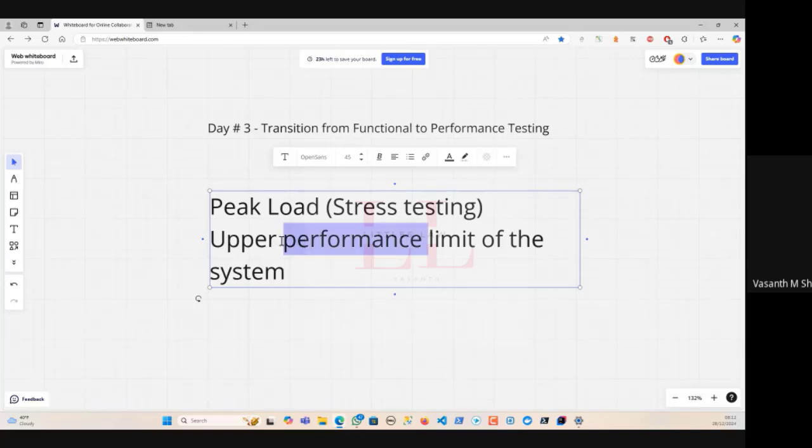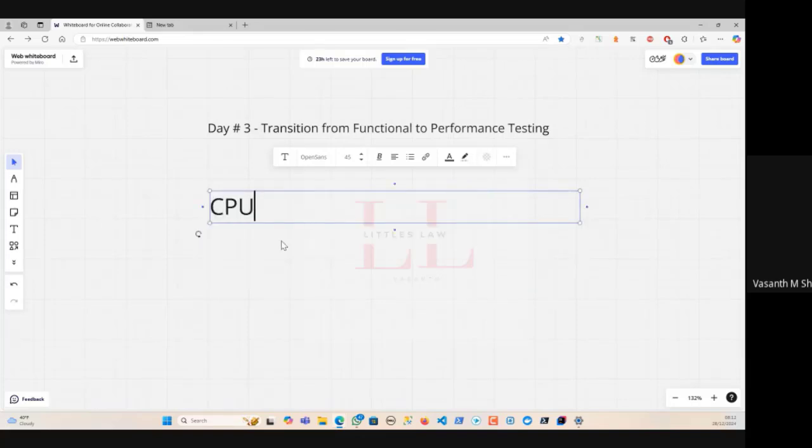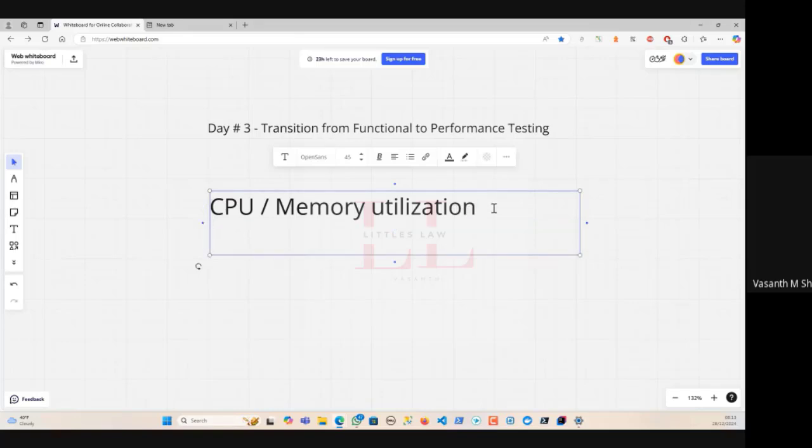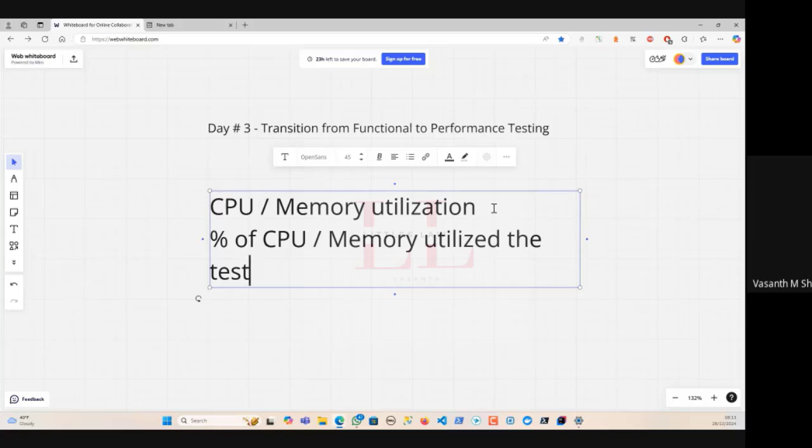Then we'll move on to the next one, which is the CPU and memory utilization. All these you're going to see in the VM part. What is the CPU and memory utilization? It is the percentage of CPU and memory resources utilized during the test, not at a normal or idle time, but at the time when you are running your test.